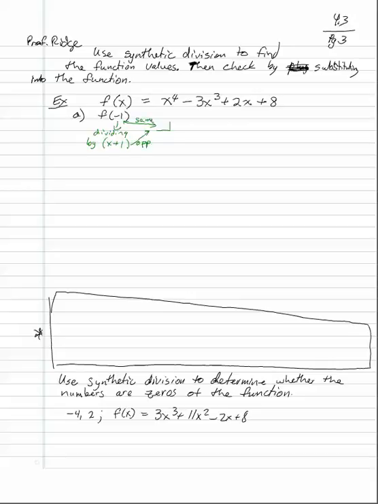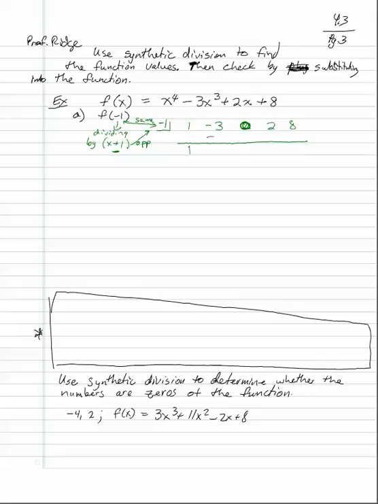So f of negative 1, this is positive 1, but it's the same thing that I put in here for synthetic division. So we got x to the fourth, x cubed, x squared is 0, x, 8.